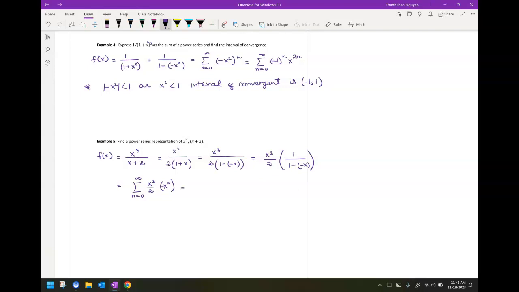So this is the same as the sum from n equals 0 to infinity of negative 1 to the n times x to the n plus 3 divided by 2.